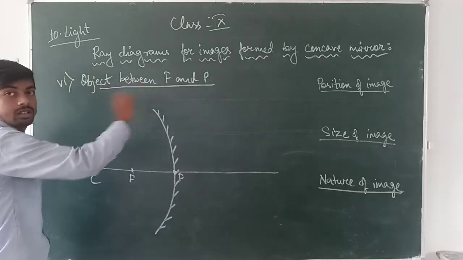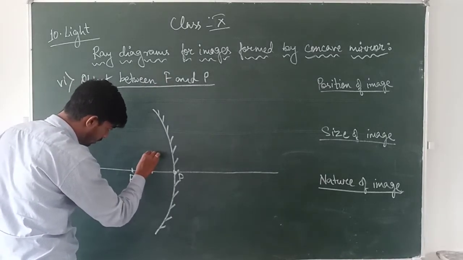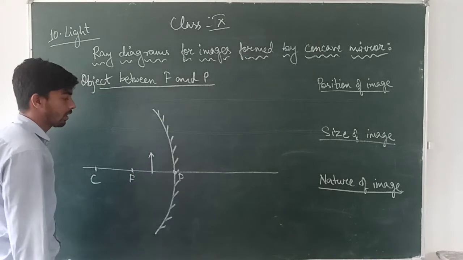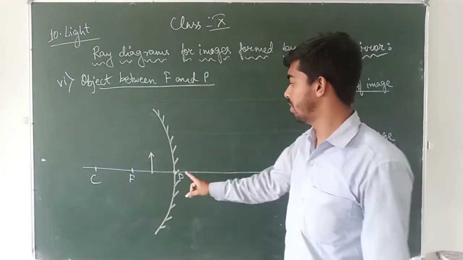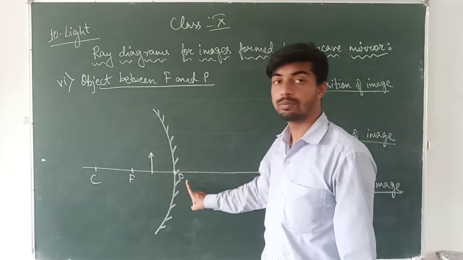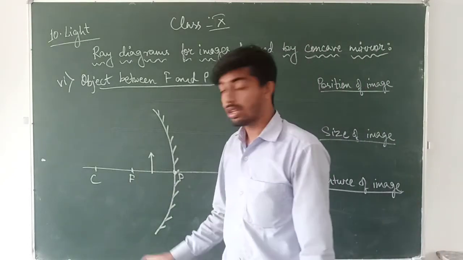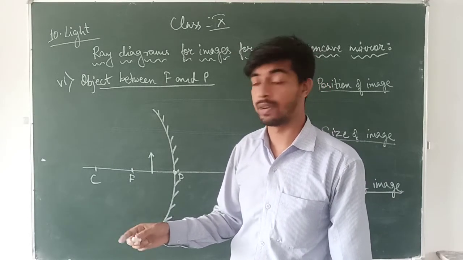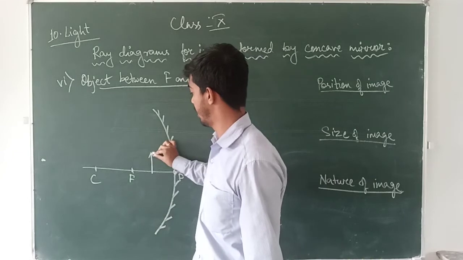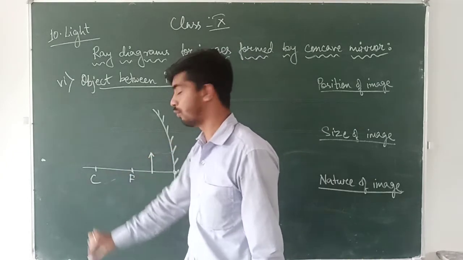So this is our pole, this is our center of curvature, let this be our focus. Now, as per the position of the object, it is here at this point. The object is between the focus and the pole. So here, if we apply the first rule of reflection, that means if we take the line parallel to the principal axis, the ray should pass through the focus.